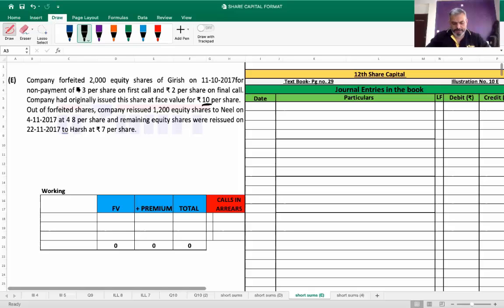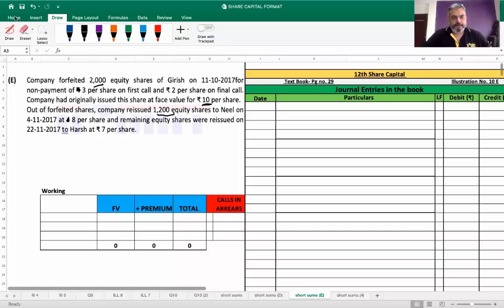Out of forfeited shares, the company reissued 1,200 equity shares. So we forfeited 2,000, we reissued 1,200 on 4/11/2017 at rupees 8 per share, and remaining equity shares were reissued on 22/11/2017. So remaining also we are reissuing to Harsh at 7 per share. Go through the sum once again.